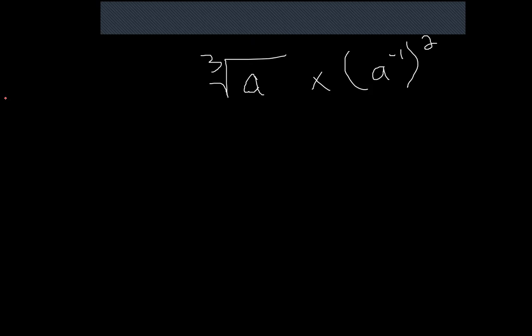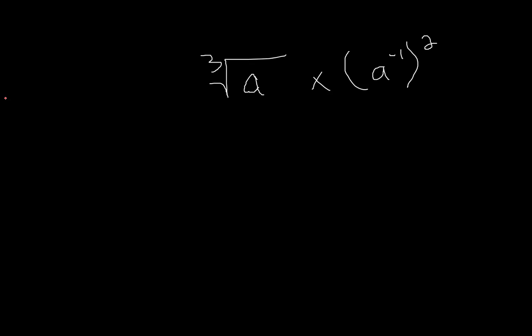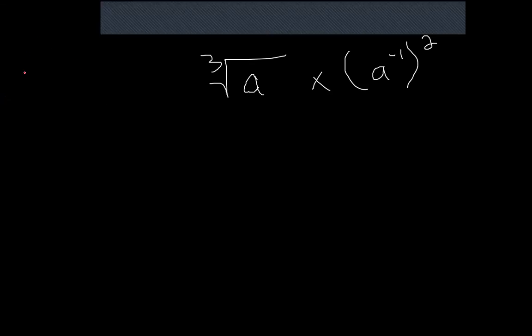You see a question, you look at the list, and you decide which law you're going to use to solve your question. That's it. Just use the laws. So this law tells me that a to the power of 1 on n is equal to the nth root of a. So I see a cube root.